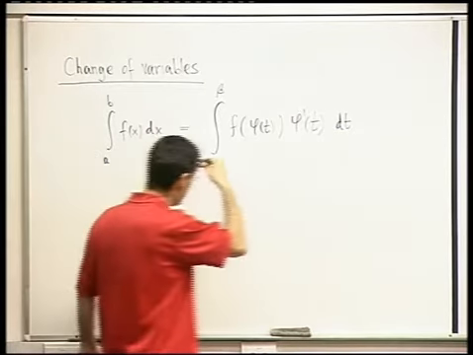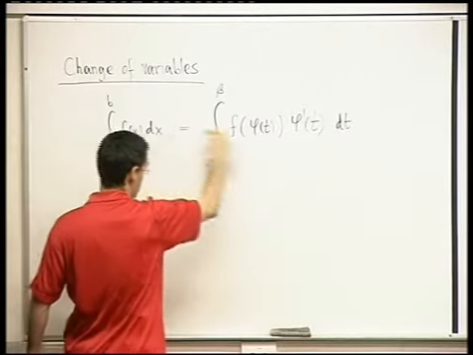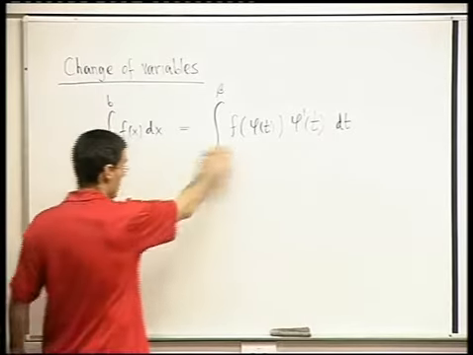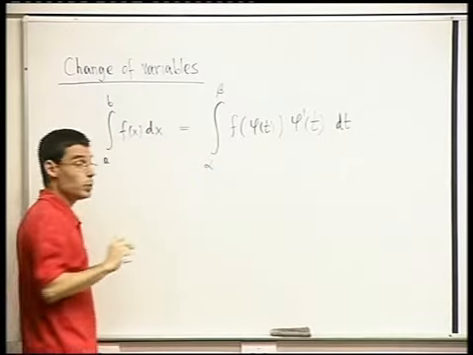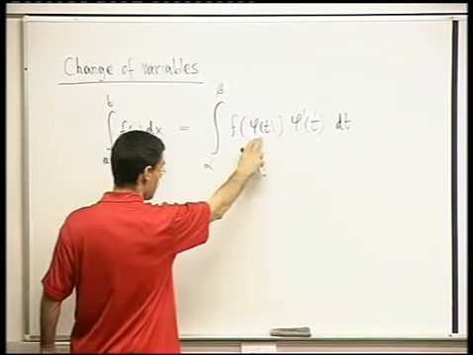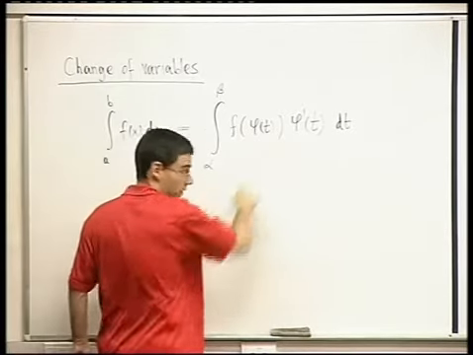What's important to know is that, first of all, the function you use to do the substitution has to be invertible on the domain. Sometimes you can weaken the assumptions slightly, but in general phi has to be invertible. It has to be differentiable, because we're using its derivative.